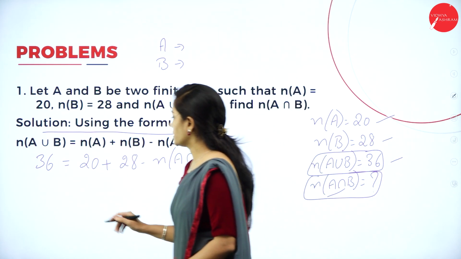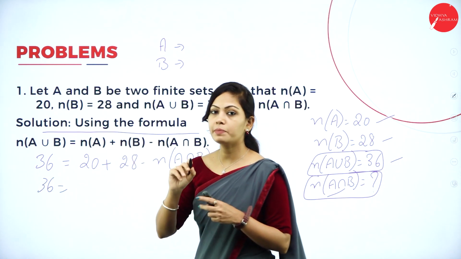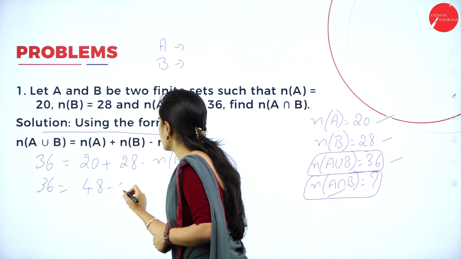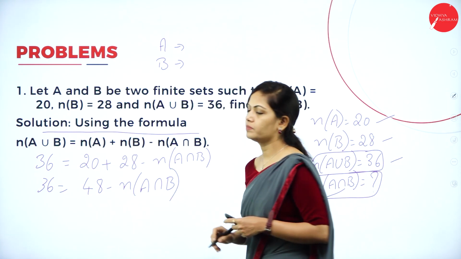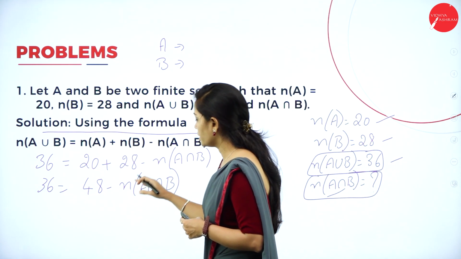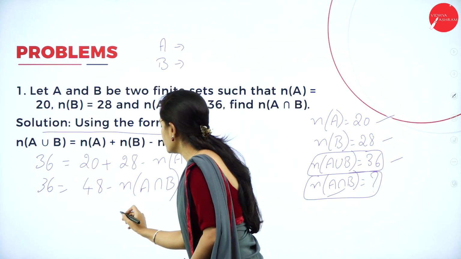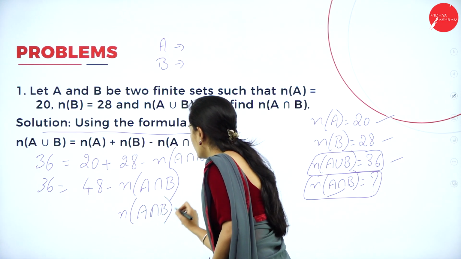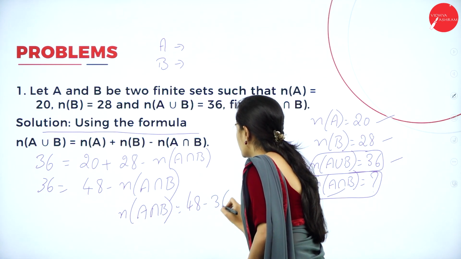So what is the next step? 36 is equal to, what is 20 plus 28? It is 48 minus n of A intersection B. So here you have to find the value of n of A intersection B. You just cross multiply this. n of A intersection B is equal to 48 minus 36.